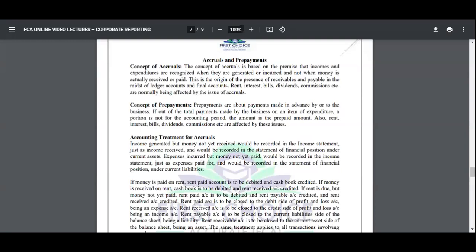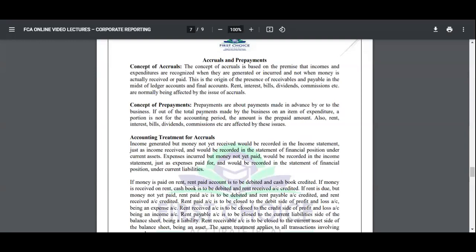Accounting treatment for accruals. Income is generated, but money is not yet received. This would be recorded as income in the income statement, and in the statement of financial position under current assets.